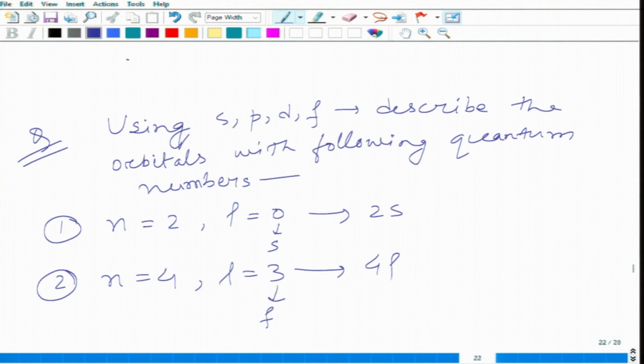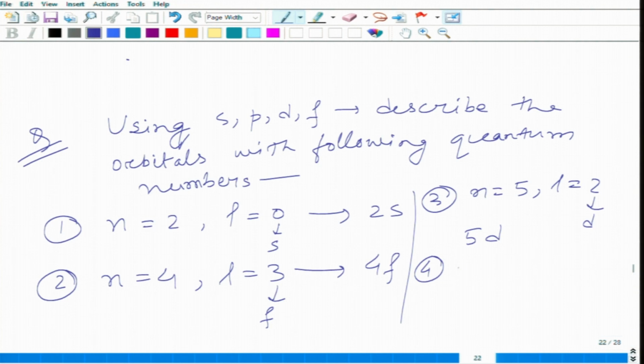So this is 4f. n equal to 5, l equal to 2. 2 is d. So this is 5d. For n equal to 4, l equal to 1. 1 is p. So this is 4p.